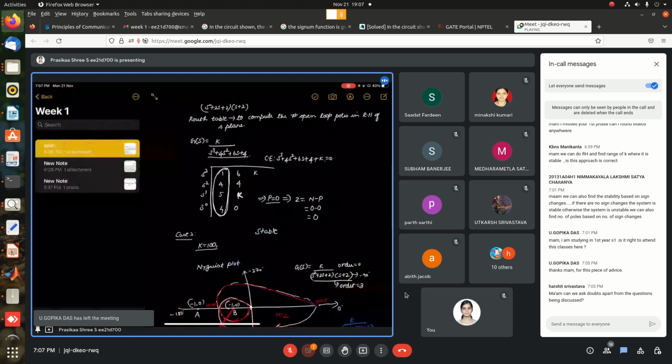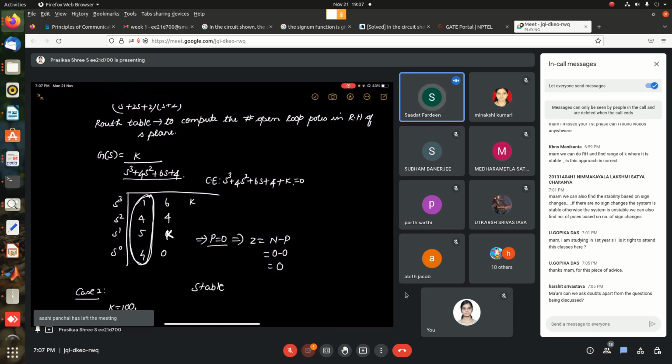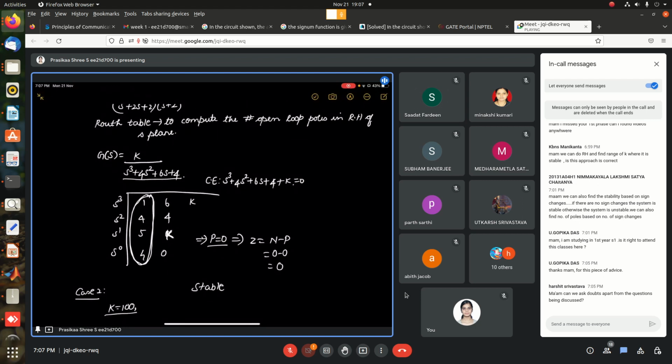So the Routh table is for open loop system or closed loop system? See, a Routh array, as far as I know, usually will be drawn for stability analysis, for the closed loop transfer function, like for the characteristic equation of a transfer function. Usually, wherever I have seen, you just write the characteristic equation, formulate the array, and find out how many poles are lying in the right half of the S-plane.